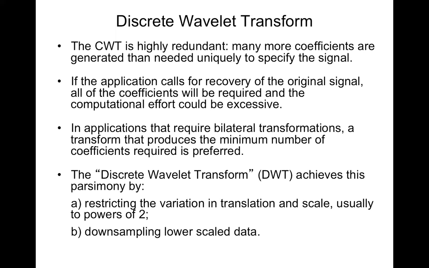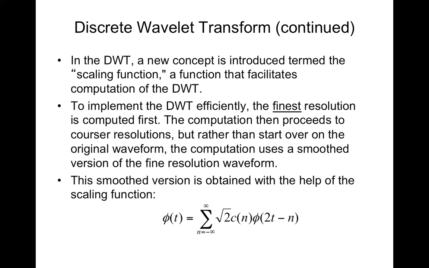And it's basically done in a couple of ways. First of all, when you take a discrete wavelet transform, you're going to reduce the variation in translation and scale, usually to powers of 2. And then secondly, you're going to downsample the scaled data. So in the discrete wavelet transform, you have something known as a scaling function, and that facilitates how this is computed.